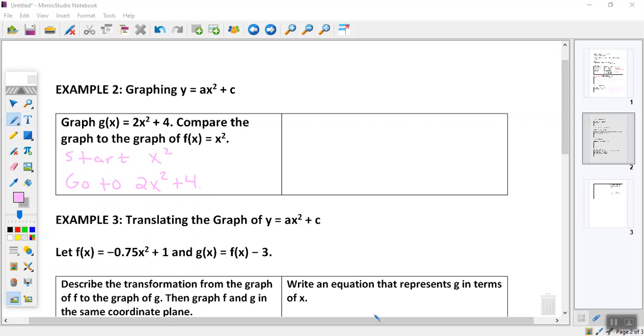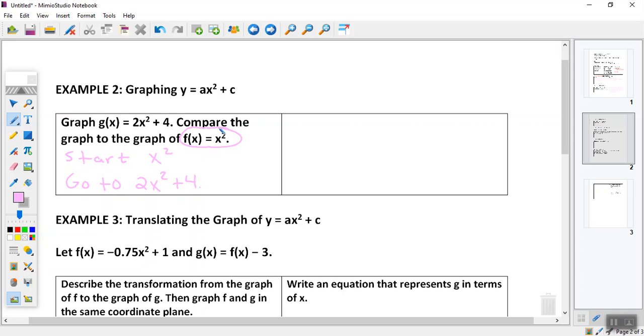In this example right here, we're trying to say, compare the graphs right here. Now guys, what's the most basic quadratic function that there is? X squared.